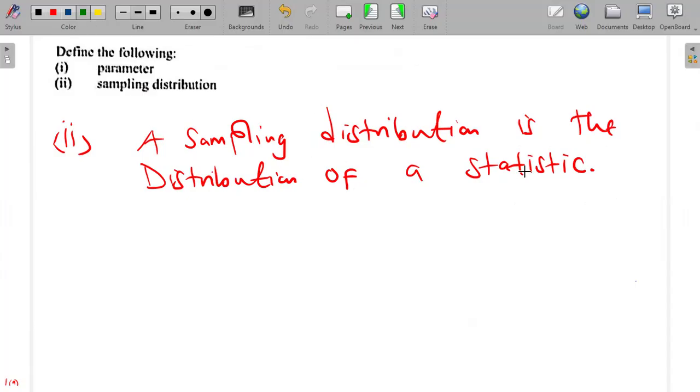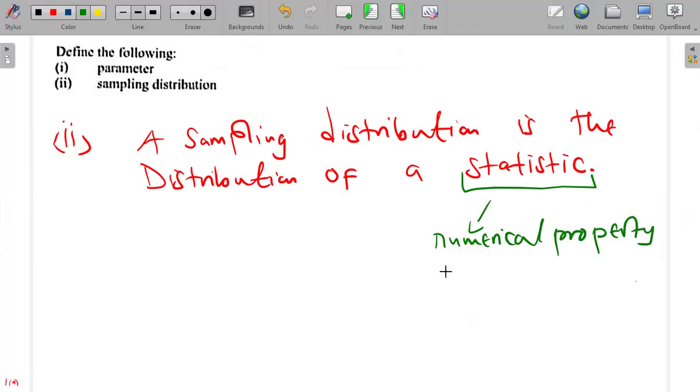Now what is a statistic? A statistic is just the counterpart of the parameter. When you hear statistic, it's a numerical property of a sample. So this one will be describing something about the sample.